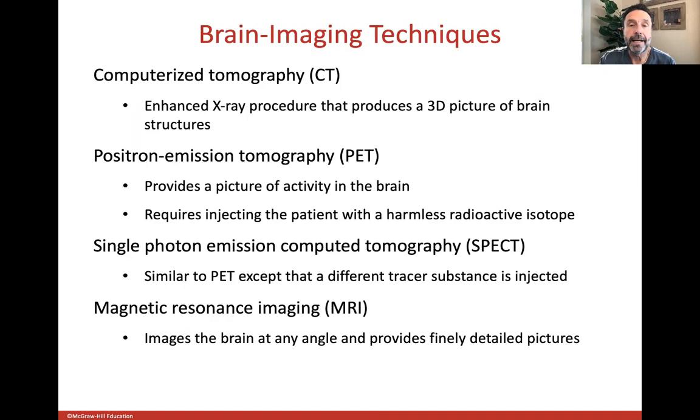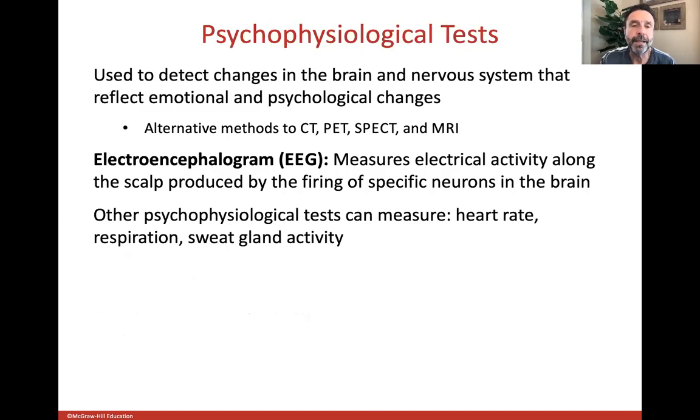Nowadays, we have a lot of brain imaging techniques, large, gigantic scanning equipment, CT, PET scans, and MRIs, looking into the brain, looking for different structural or functional problems in the brain.